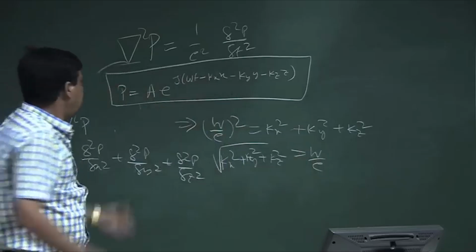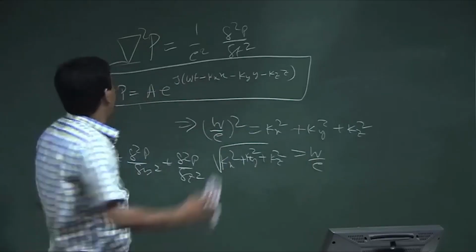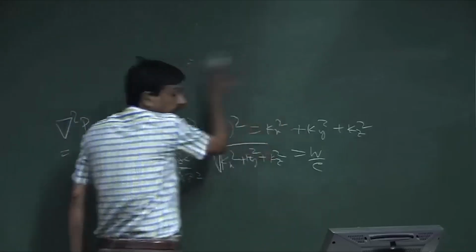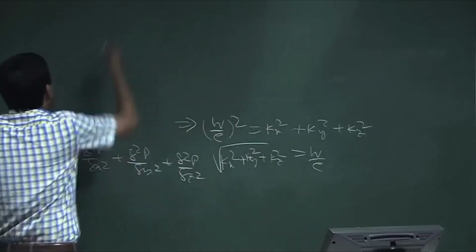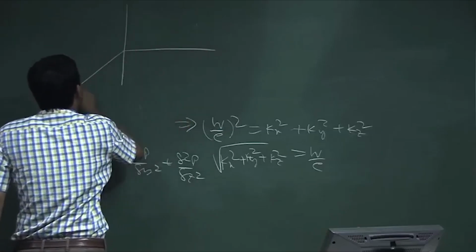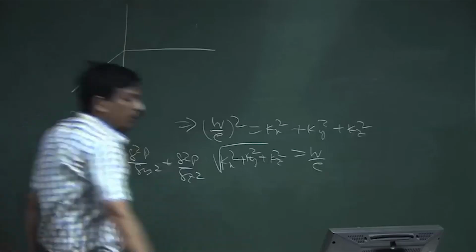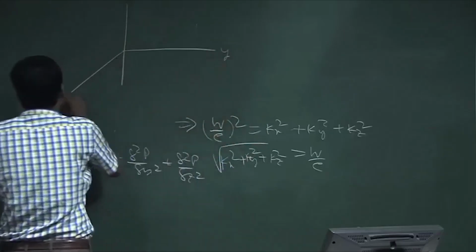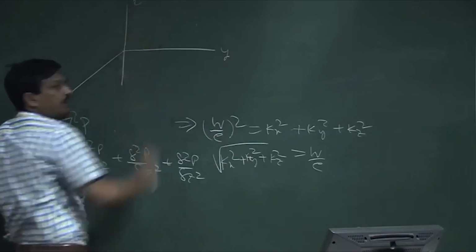So if I consider an acoustic wave and its propagation vector, I have an acoustic wave in all three directions. This is the y direction, this is the x direction, this is the z direction.